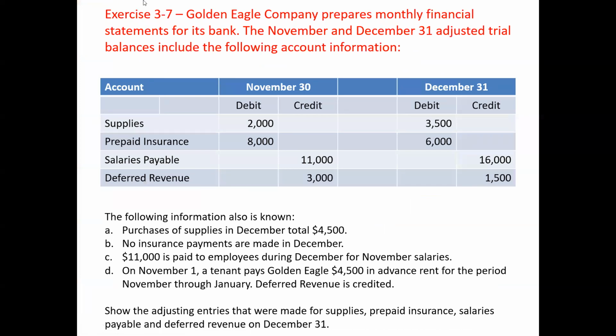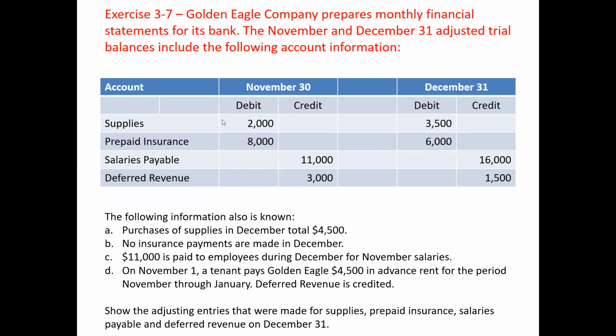So let's look at this problem here, guys. Golden Eagle Company prepares monthly financial statements for its bank. The November and December 31st adjusted trial balance includes the following accounts. It's also telling us some more information.